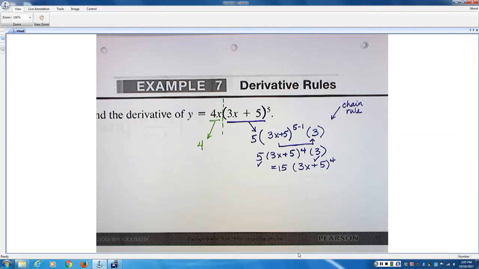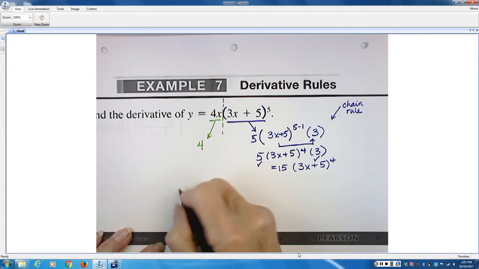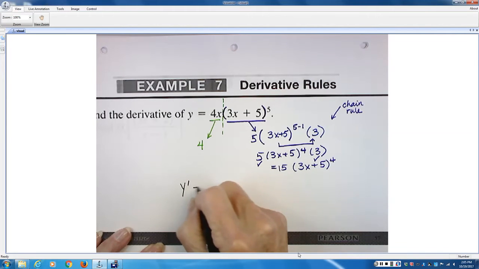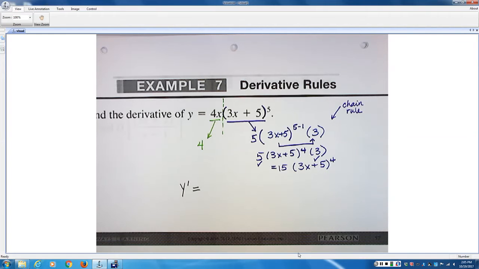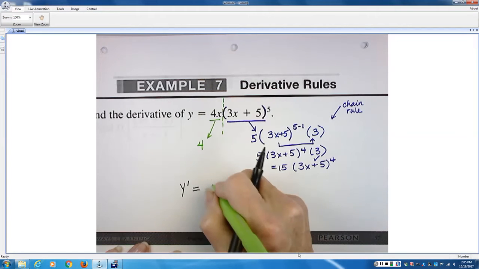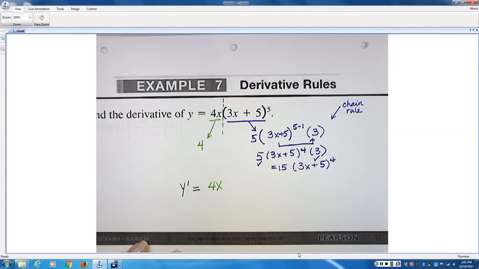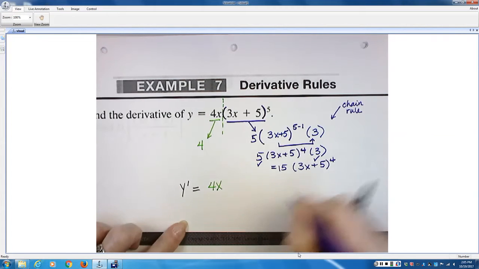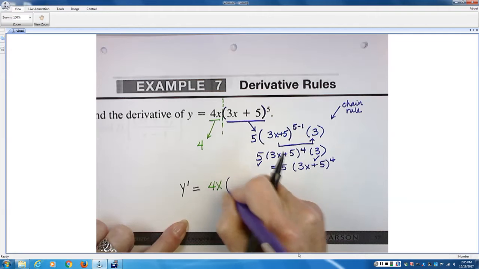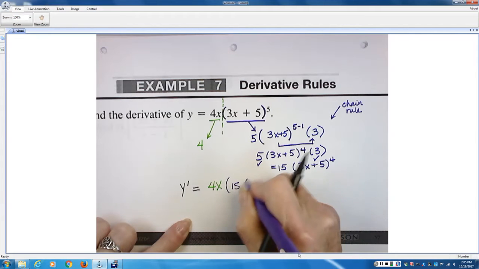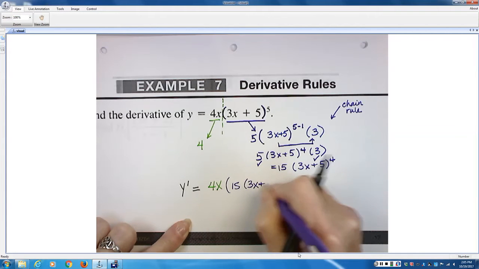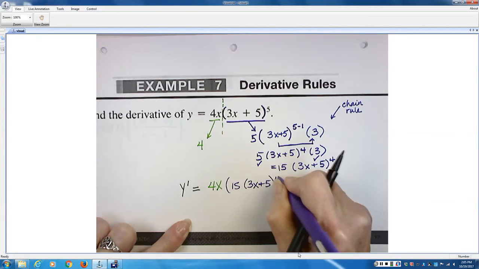Now we go to the product rule part. And the product rule says you take your first factor, which is 4x, and you multiply by the derivative of your second factor, which is this 15 times 3x plus 5 raised to the 4th power.